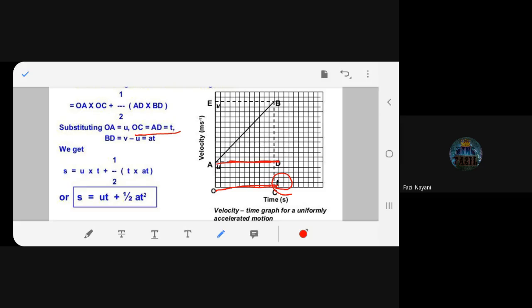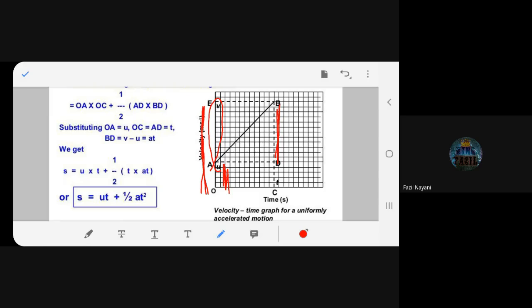Now we come to BD. What is BD? BD is equal to OE minus OA. Yes or no? BD is equal to OE minus OA. Agree? Then only we will get EA. Isn't it? If I subtract the initial from the complete, then only I will get EA or BD.